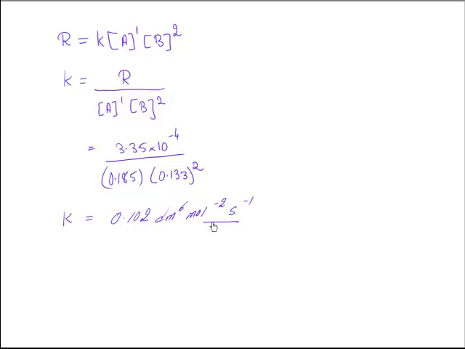Now, why this unit? If you realize, the reaction was a third order reaction, and if it is a third order reaction, then the unit of rate constant is dm raised to 6 mole raised to minus 2 second inverse.